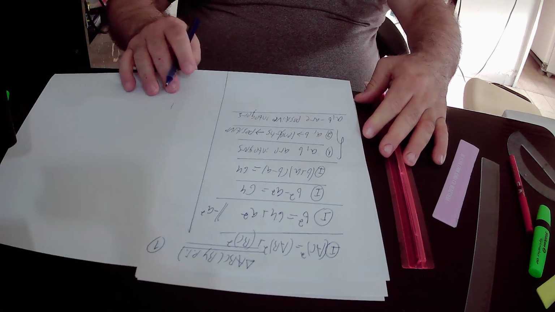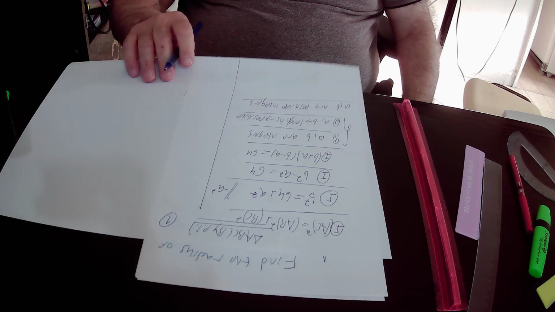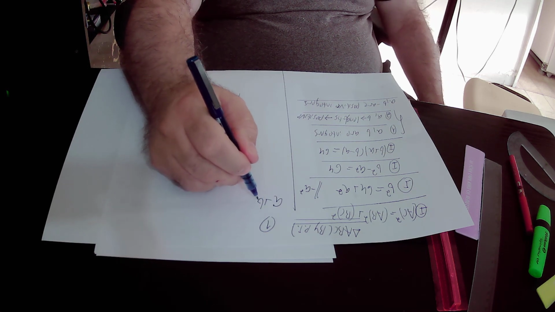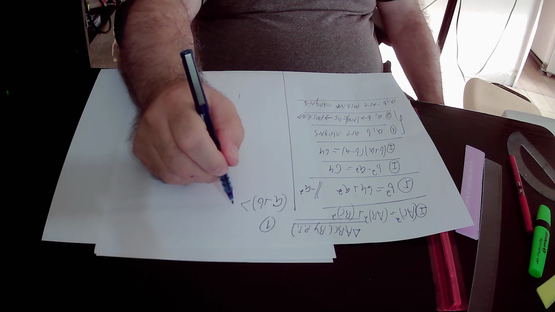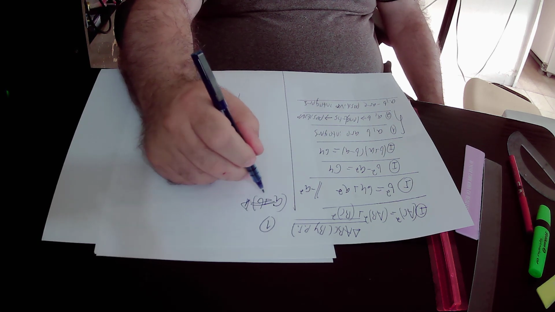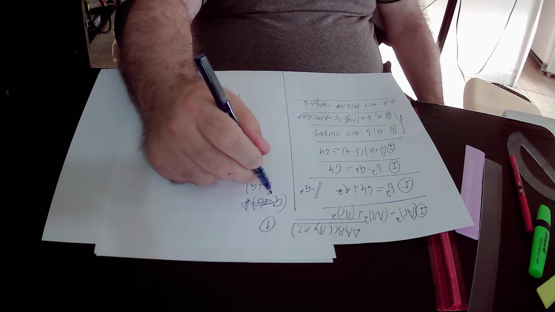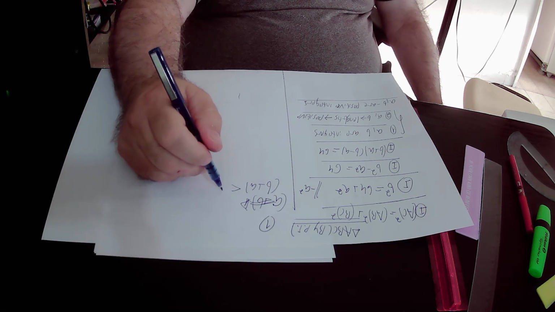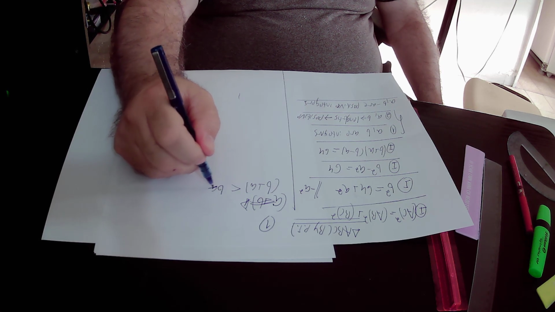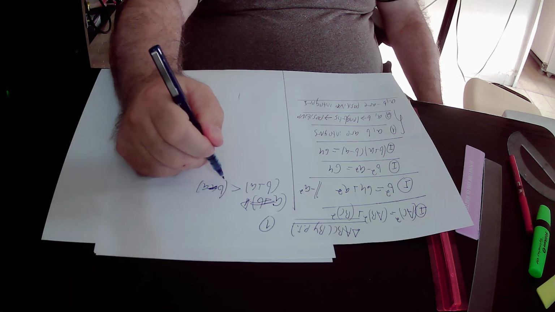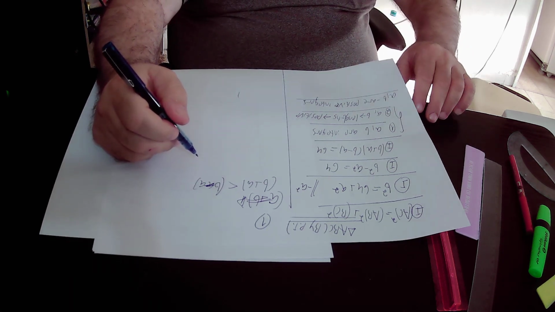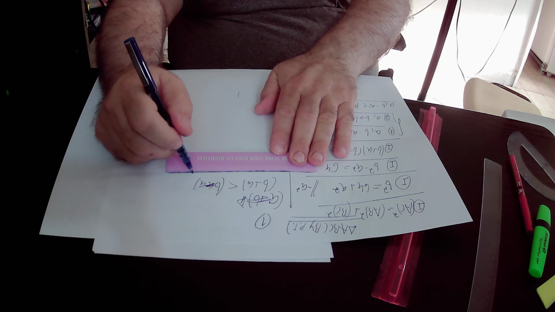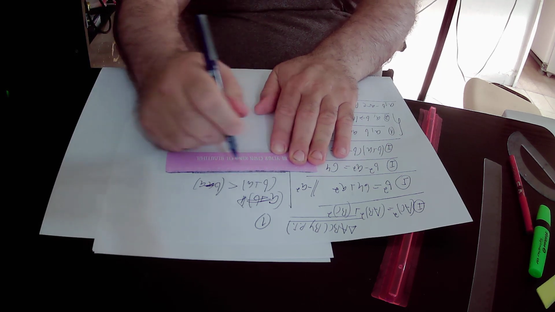And because A and B are positive integers, it is obvious that B plus A must be greater than B minus A. Because when you add two positive integers to each other, the sum must be greater than the case when you subtract them from each other.